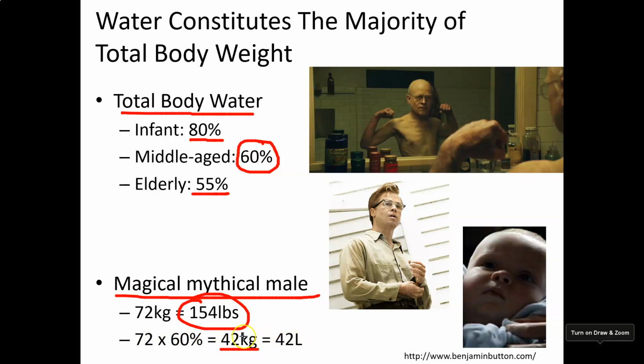And the great thing about the metric system is 1 kg of water is 1 liter of water, so 42 kgs is 42 liters. So our total body water, or what we refer to as TBW, is 42 liters of water.